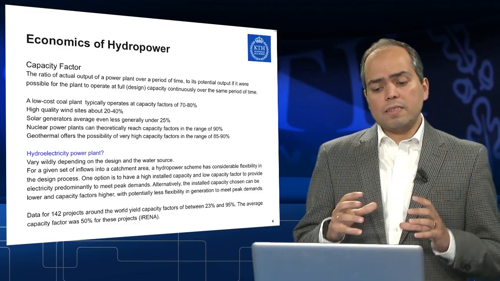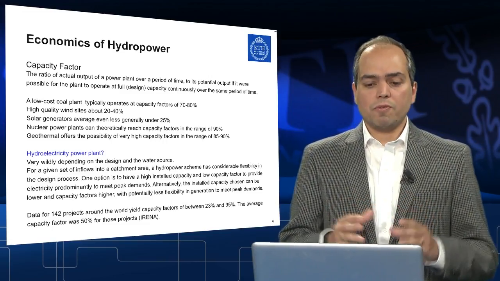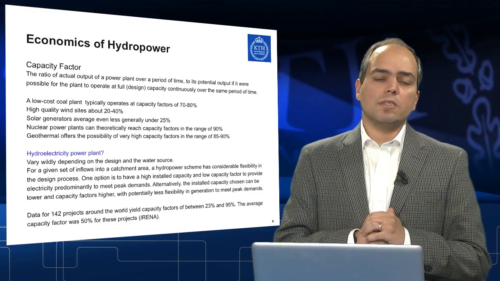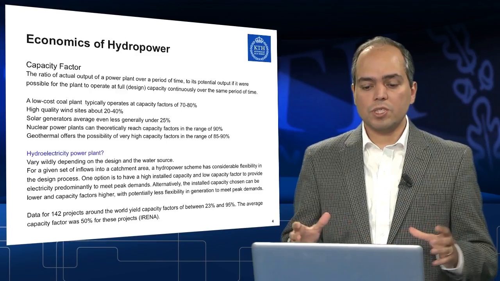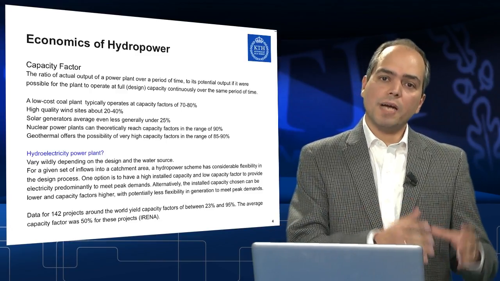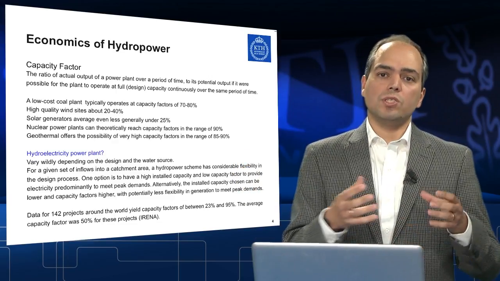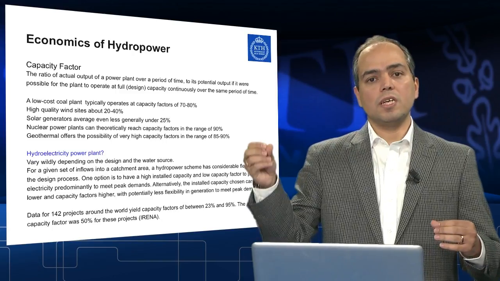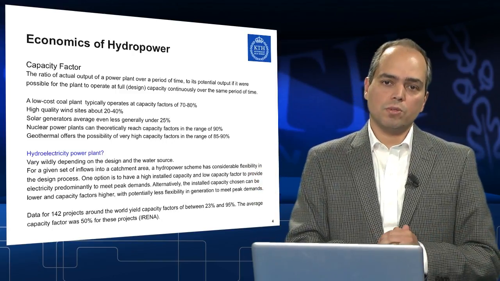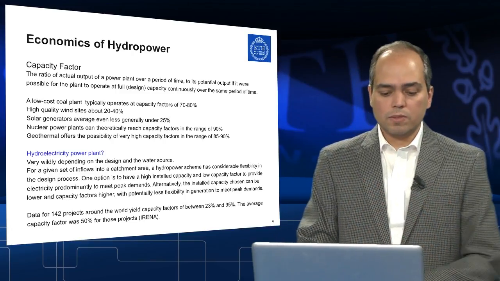So as a designer, one has two options, in fact, for the very same sites. One could consider a system which is designed for a lower capacity but a higher capacity factor, or just install the higher capacity and consider the lower capacity factor during the year. So it really depends on the decision of the designer as well.